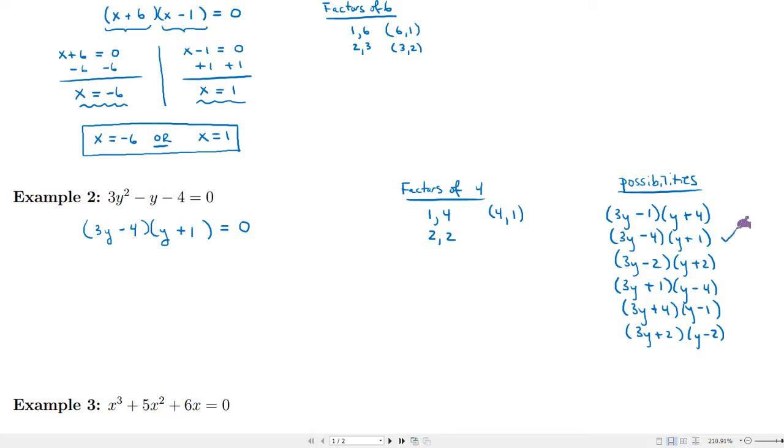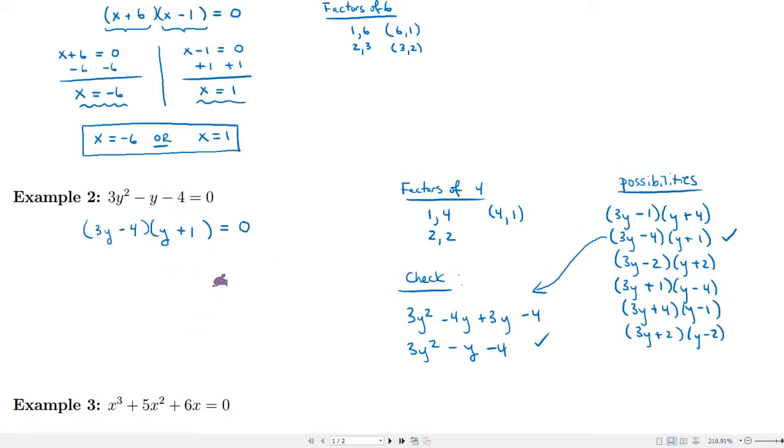So the other ones you would reject. You can check that that's correct. You'd have 3y squared minus 4y plus 3y minus 4, and that's 3y squared minus y minus 4. And that's what we had, right? So that's good. So that's the correct factorization.